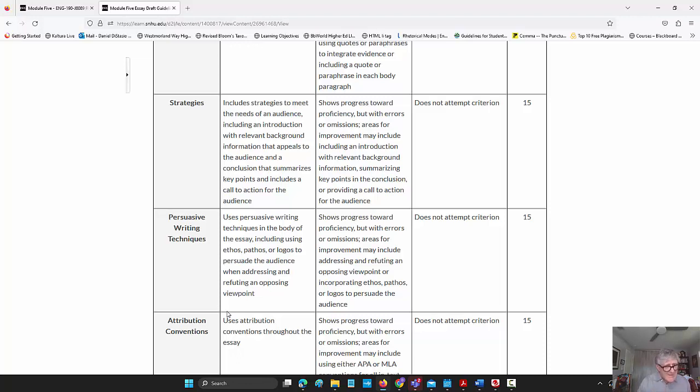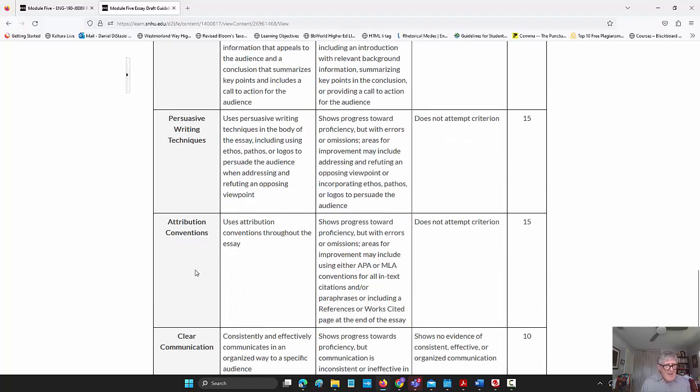Do you provide facts, which is logos? Do you present an ethical claim that we should do this because it's the right thing? Do you go pull at the heart? So each of those should be represented as well.